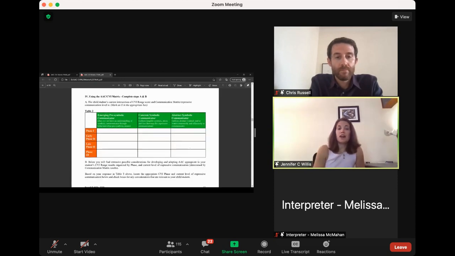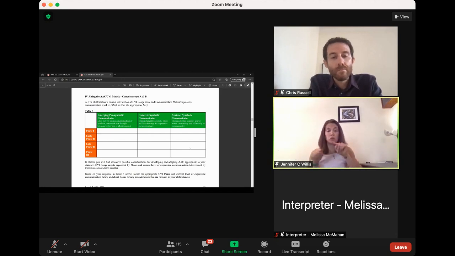This page is where you would plot the results of your students' assessments, both the CVI range as well as the communication matrix. And you'll see it gives you a grid. Students might end up in more than one location. A student does not necessarily have to be strictly a concrete symbolic communicator in early phase 2.